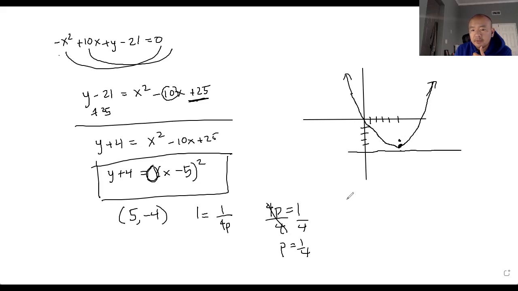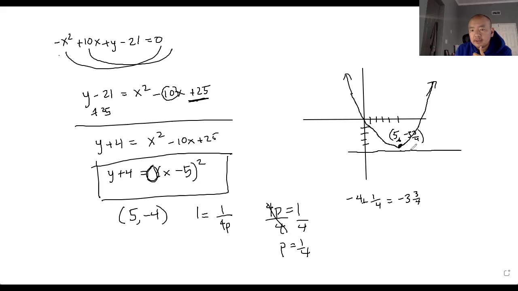So it would be negative 4 plus 1 over 4, which is negative 3 and 3/4. So the focus is positive 5 and negative 3 and 3/4.